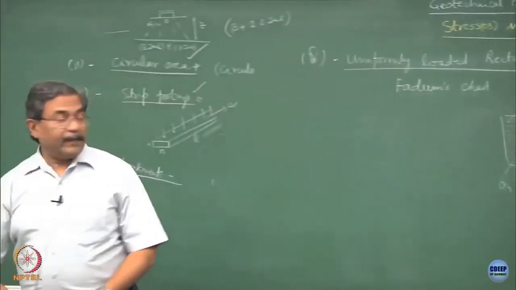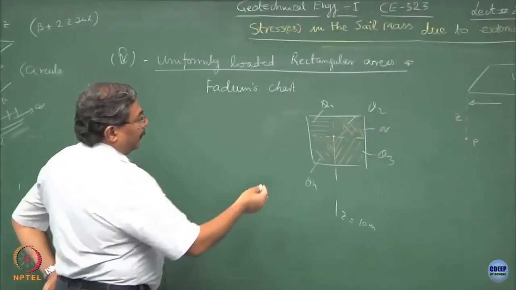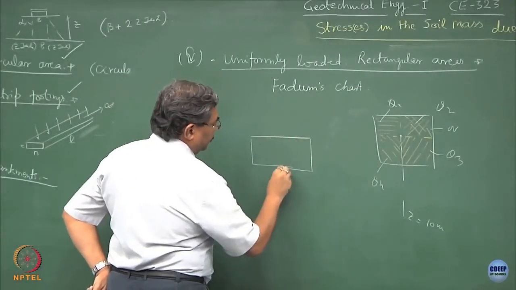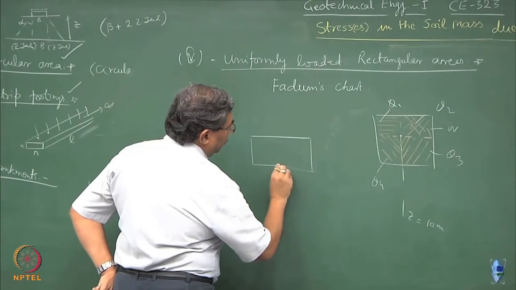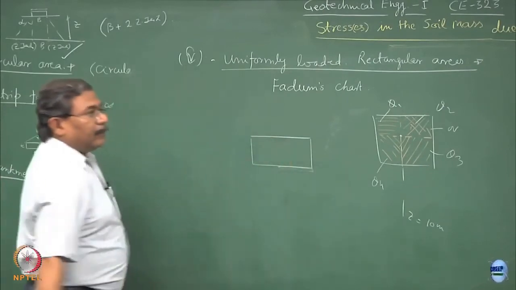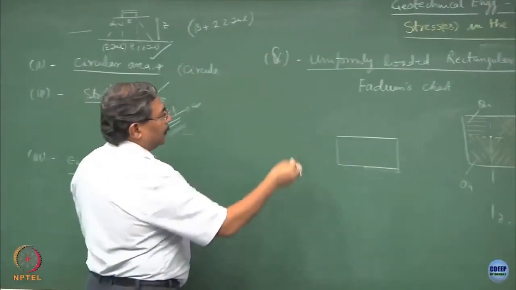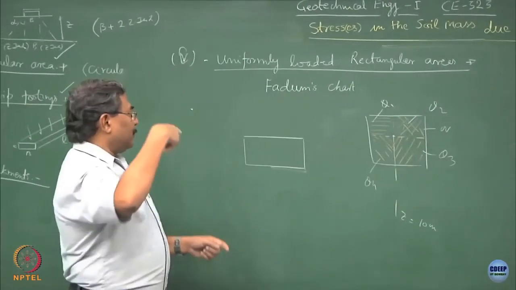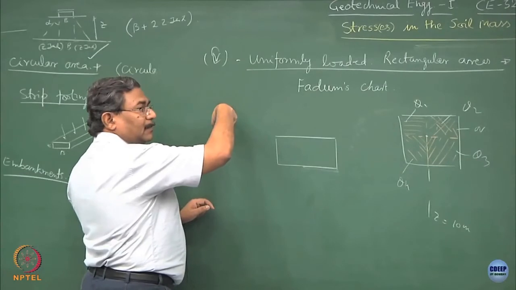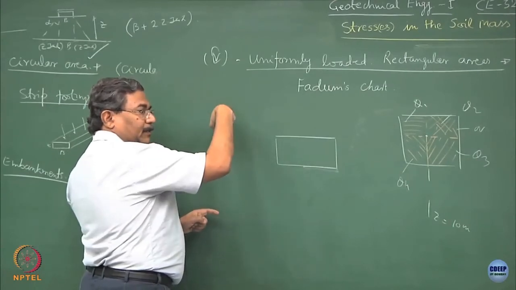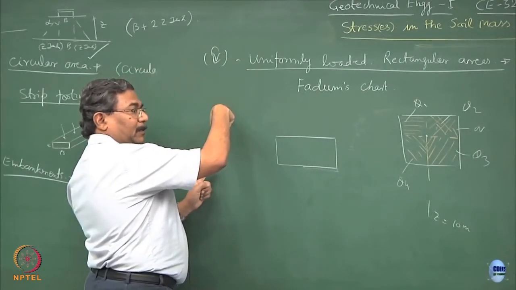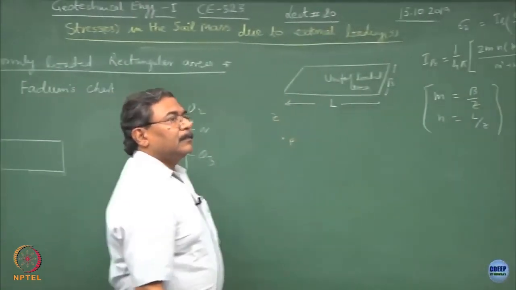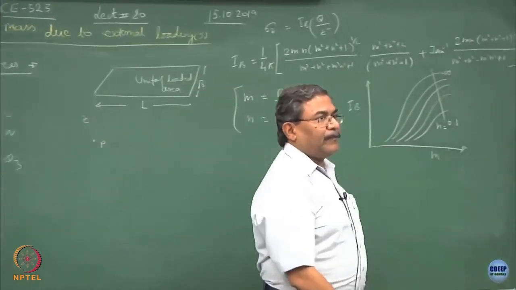Suppose I say this is the loaded area, let us say a foundation, and I want you to find out the state of stress at this point. Please remember, when I say state of stress at the point, it means in the z direction at a certain depth, clear. How will you use this concept now? Do a bit of geometry.